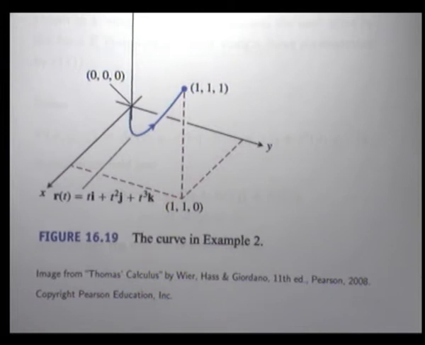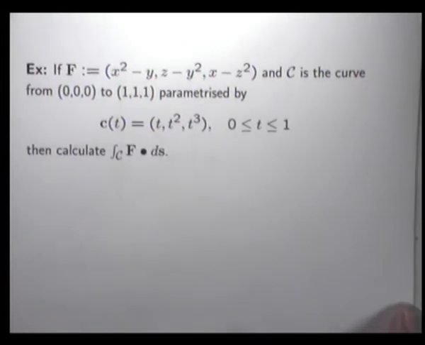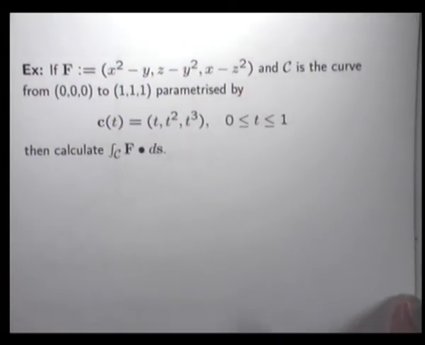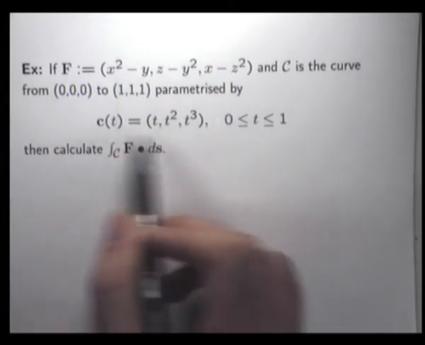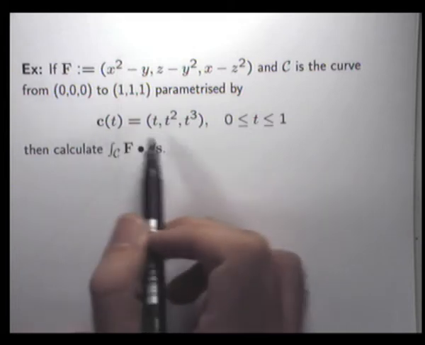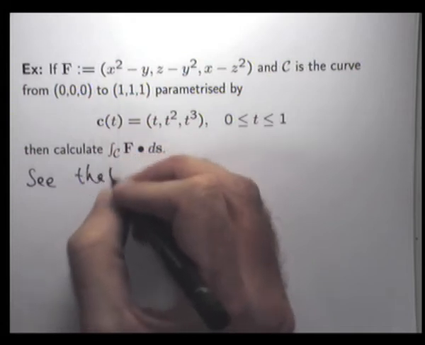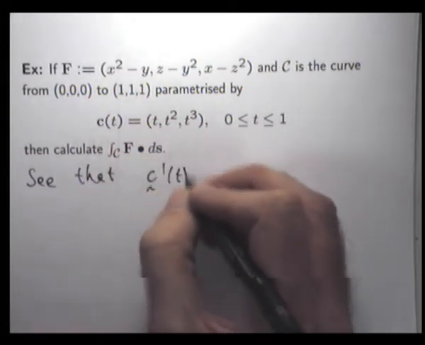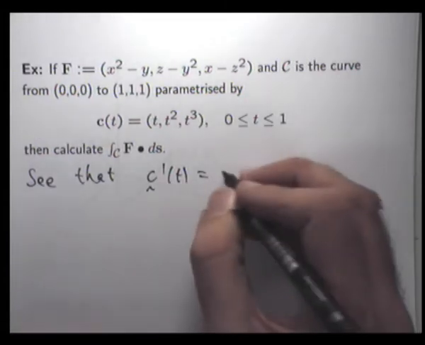All right, so how do we do this problem? So the first thing I'm going to do is differentiate my given vector function. Now remember, you just differentiate in a component-wise fashion with respect to t.